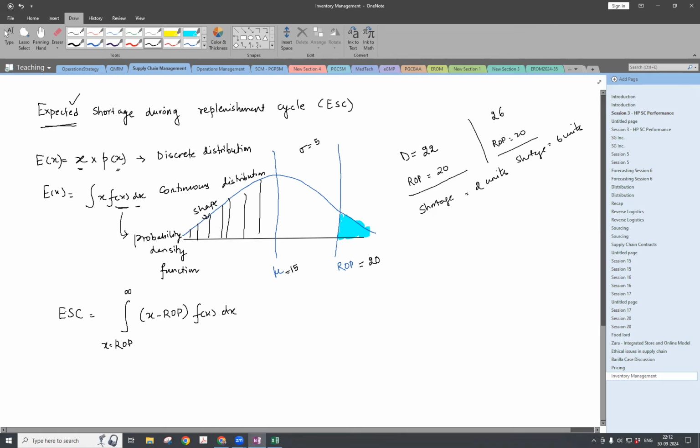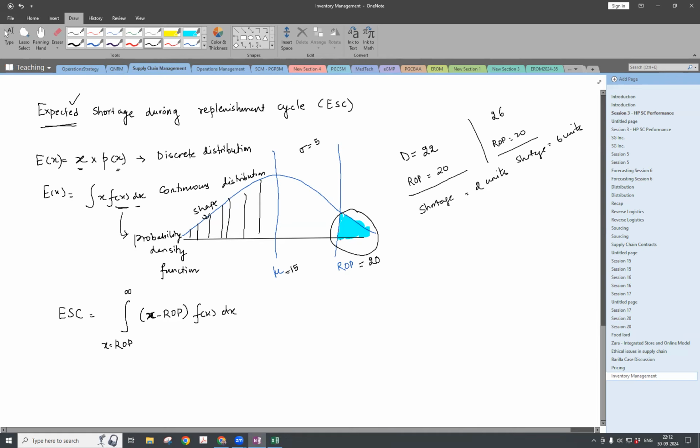Because we are interested in calculating not the average of this value, but the average corresponding to this region. Now, this region is nothing but the difference. If I'm interested in shortage, the difference is demand minus ROP. Because demand is an uncertain value, we are representing that by x. Now, as we discussed, when will we have an expected shortage?